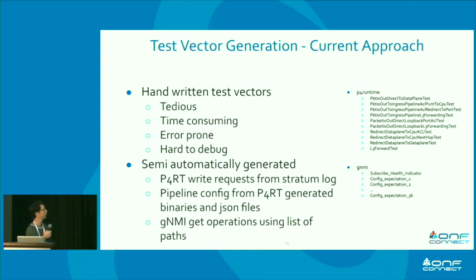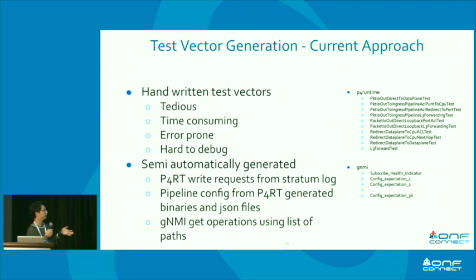For example, most of the P4Runtime test vectors we have are manually ported from PTF tests, as Abhilash already mentioned, and we manually modify them for different switch targets. This process is tedious, time-consuming, error-prone, and hard to debug.